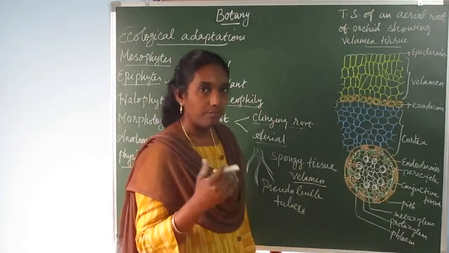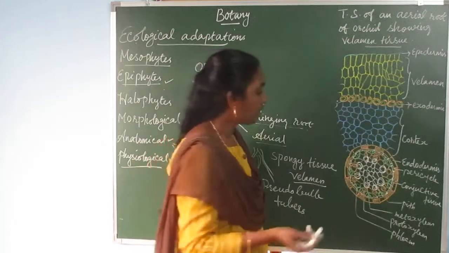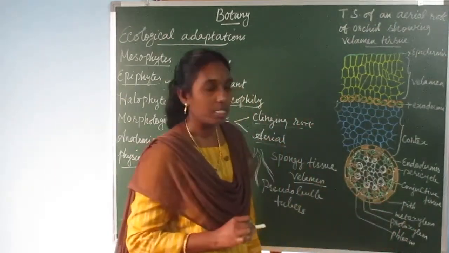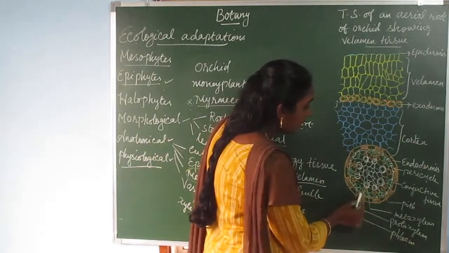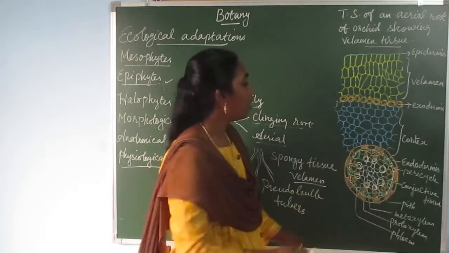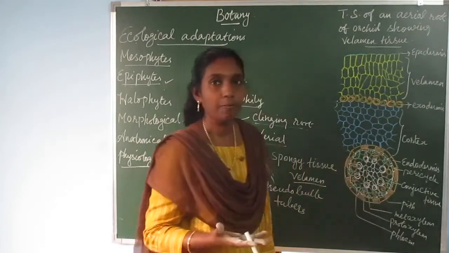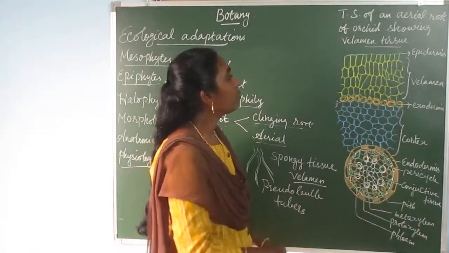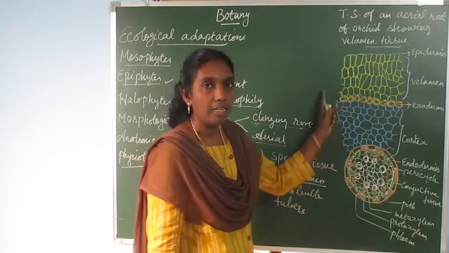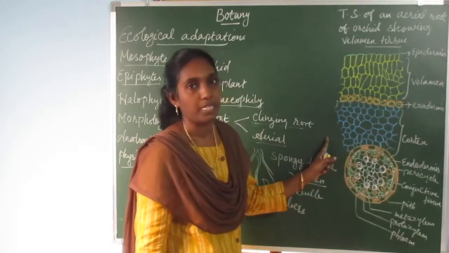The xylem vessels are of 2 different types: protoxylem and metaxylem. The earlier formed xylem is called protoxylem. The later formed, or mature, xylem is called metaxylem. So these are the anatomical adaptations observed in epiphytic plants.